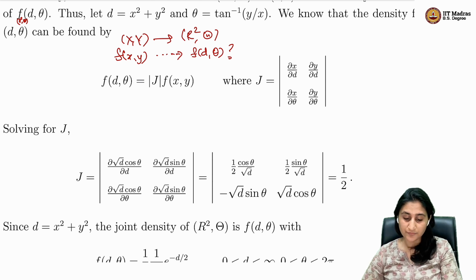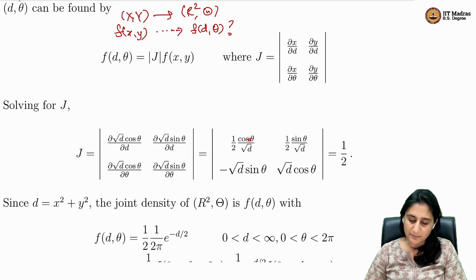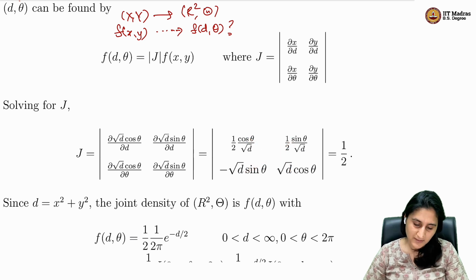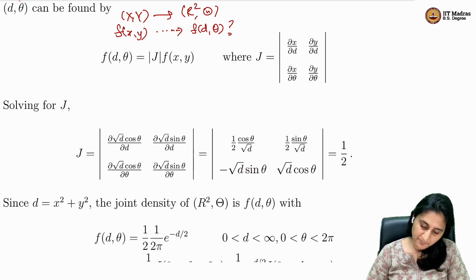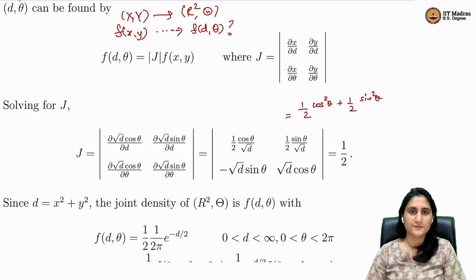Now in order to find the Jacobian, as in the determinant, I multiply this and subtract this, but I notice there's a step missing here, so let me write that down. When I multiply this, I basically get 1 by 2 cos square theta plus 1 by 2 sine square theta. And because cos square theta plus sine square theta is equal to 1, I immediately get that this is equal to a half.